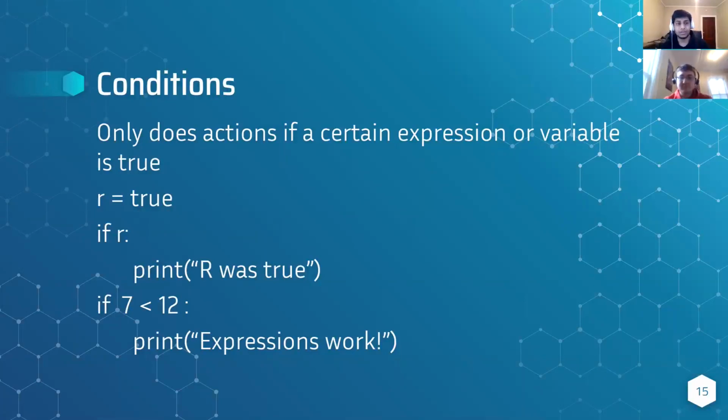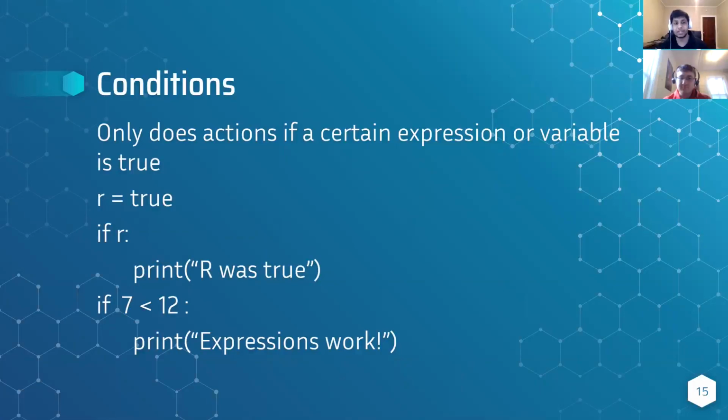So in here, if we have if R, here we denoted that R was true. It would say print R was true. Since R is true, it would go into the print statement R was true. Say R was false, then it would completely ignore that line of code and it wouldn't call the print statement.